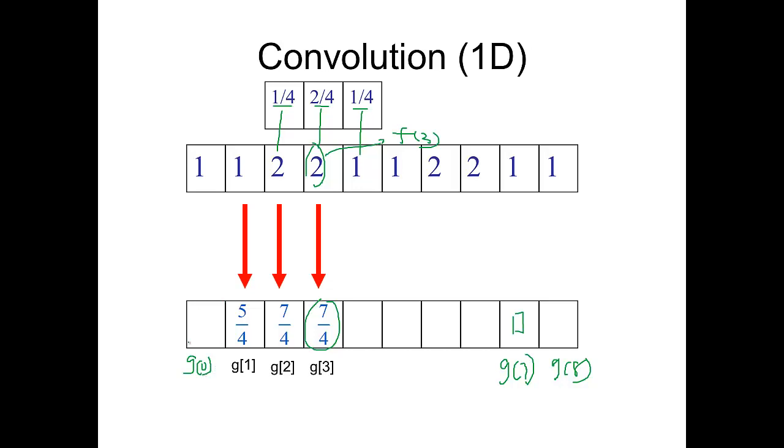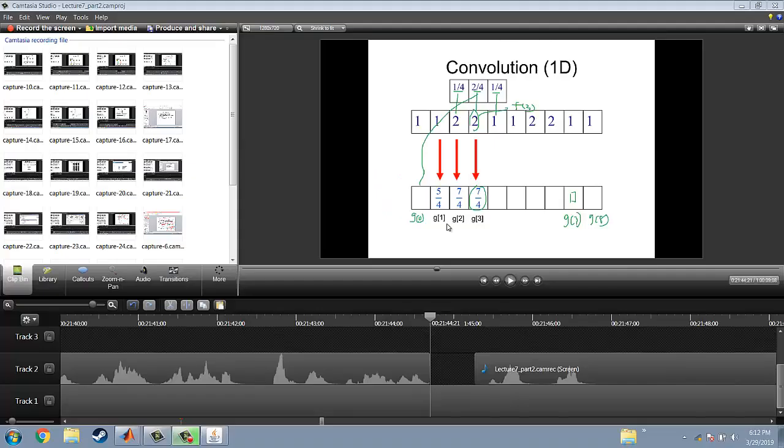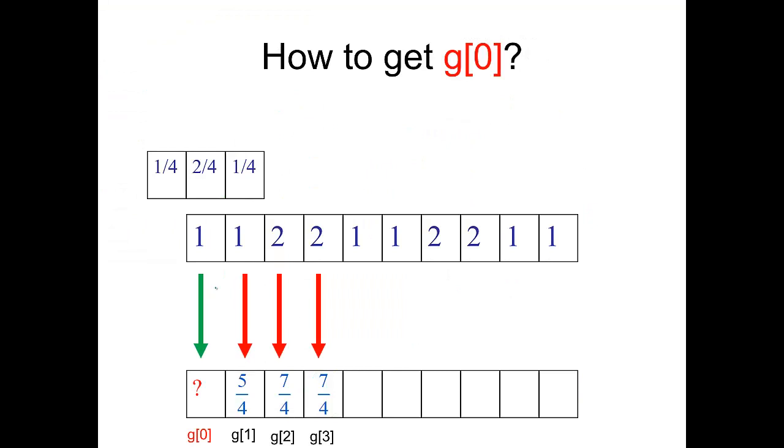In order to compute G0, you need to move H0 to point to F0. See here, that's H0, and this is F0. Then H negative 1 will multiply F1.